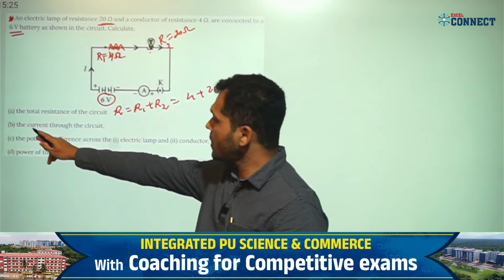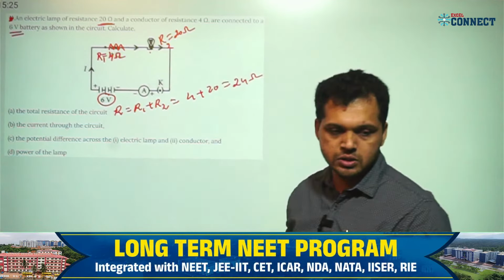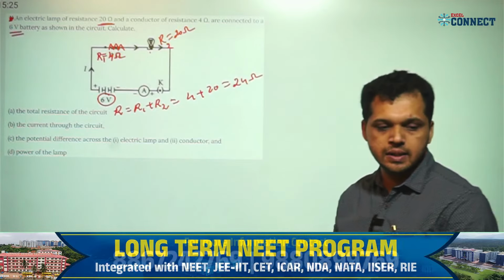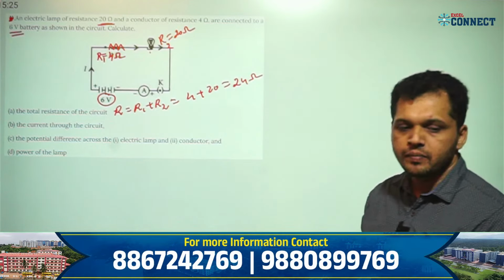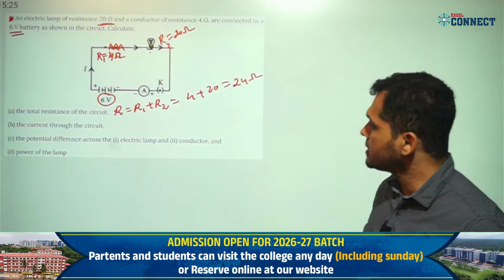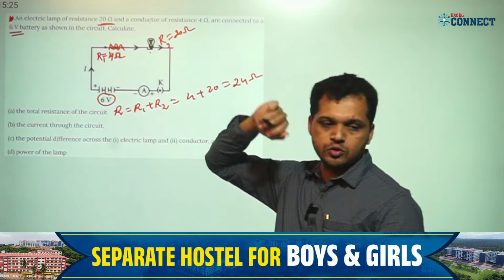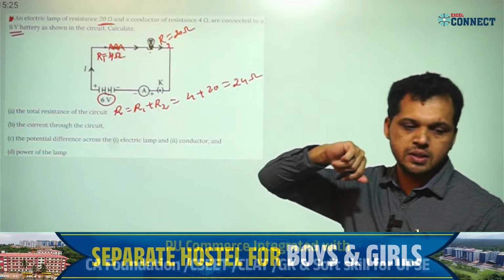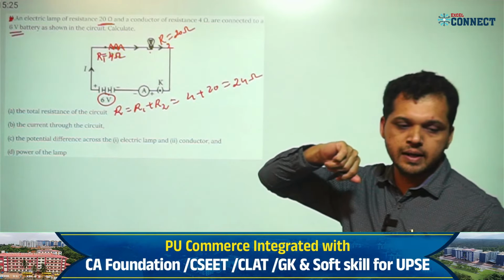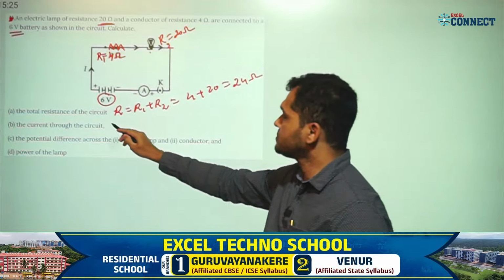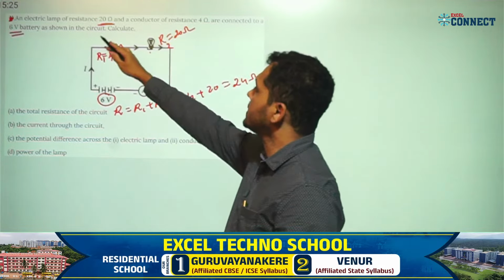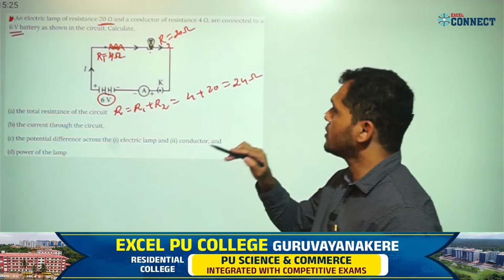Next question is the current through the circuit. This also you can calculate directly, as we solved in the previous classes. Please solve this, the current through the circuit. How to get current? The total resistance is already calculated.